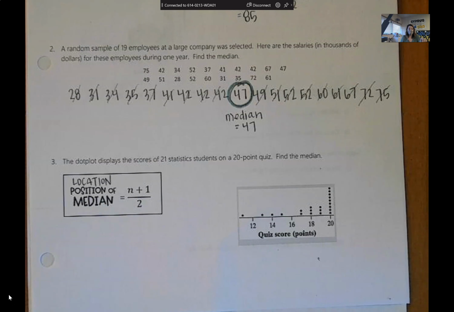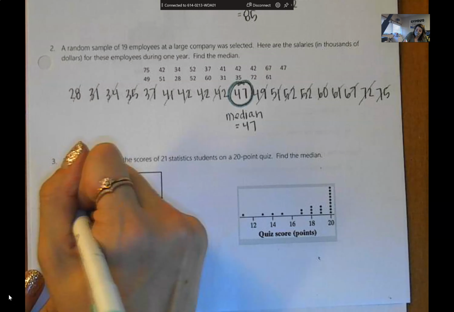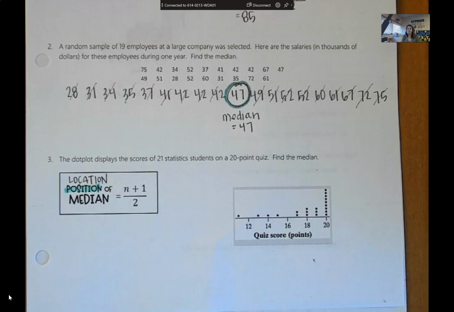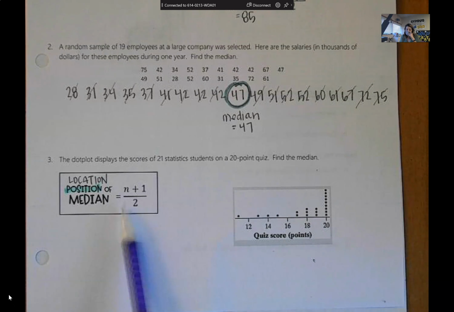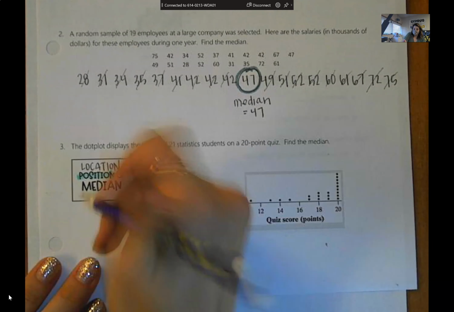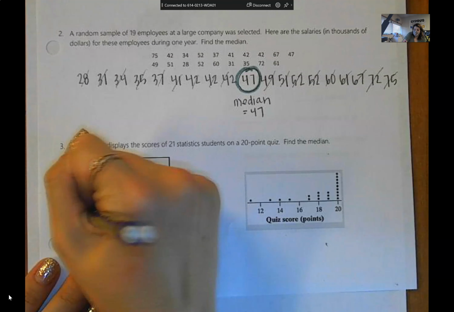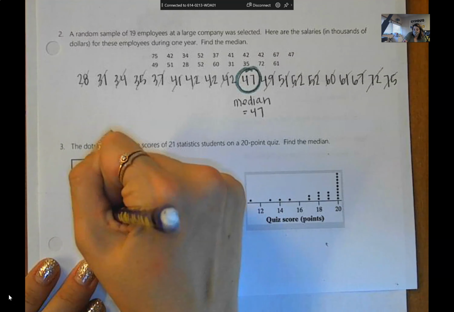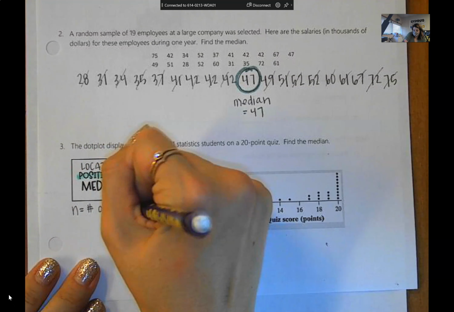It gives you the location of the median. You have to be really careful that you keep that straight. It tells you where the median is at. It does not tell you what the median is. N stands for your number of observations. So in this formula, N is your total number of observations.